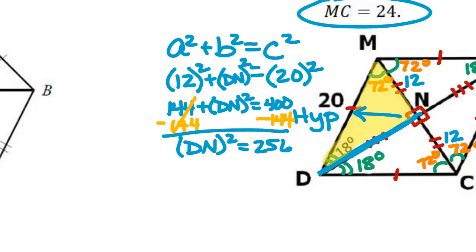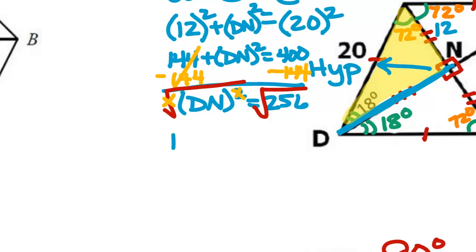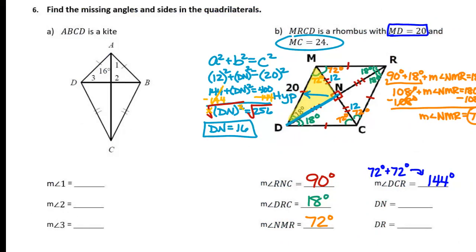And then we square root both sides. What is the square root of 256? 16. So DN is 16.